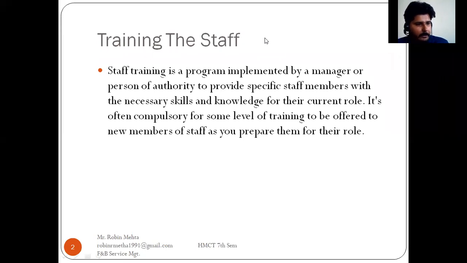It is often compulsory for some level of training to be offered to new members of staff as you prepare them for their role. For freshers especially, training plays a very important role.